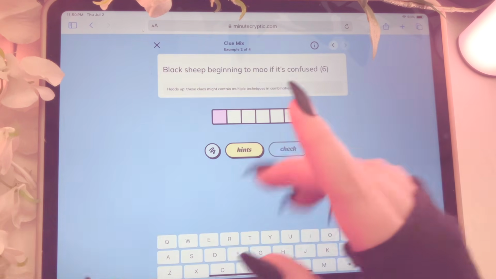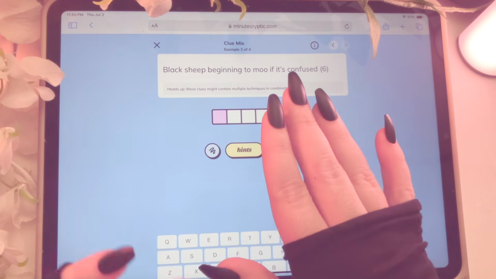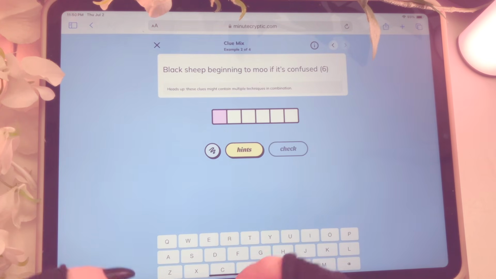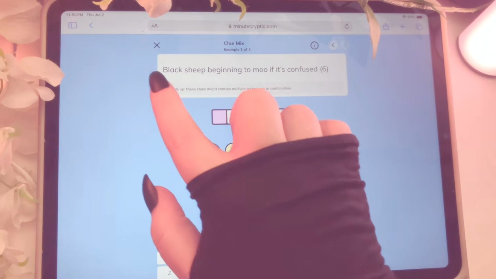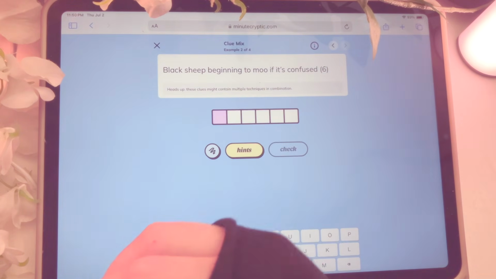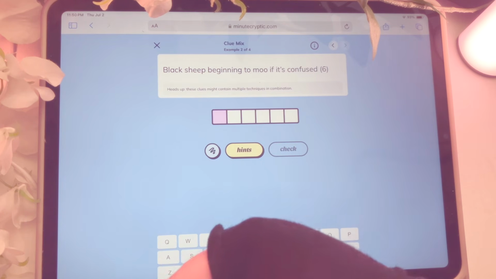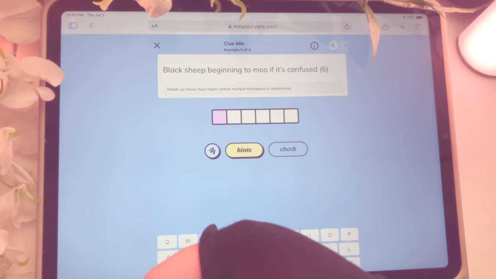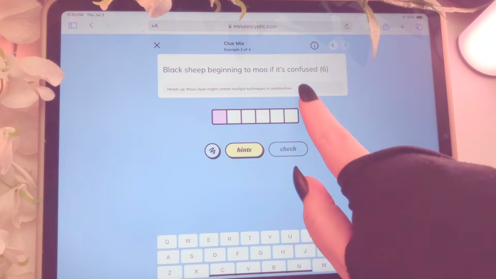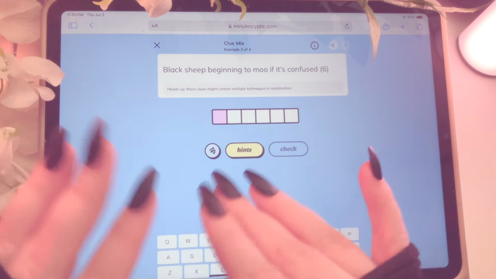Right away, I think beginning or beginning to have to be selection indicators where the first letter. It could be a black sheep beginning, meaning the B and the S, or BL and SH or something there. Blash. I don't know. To moo. If it's confused. Confused could be an anagram indicator. Like confused, like all jumbled up.